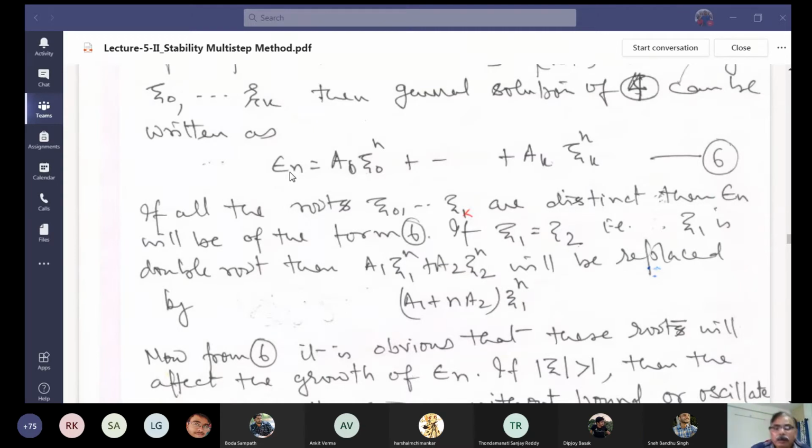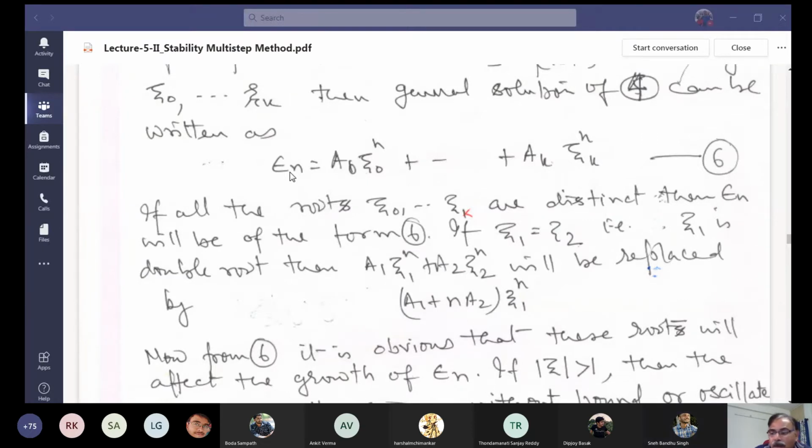Now, if this error is in your control, the method will be stable.